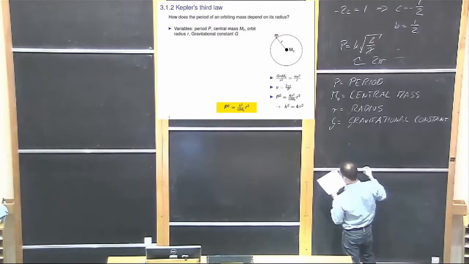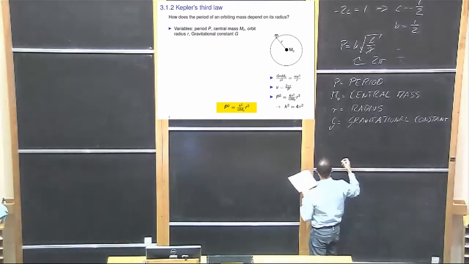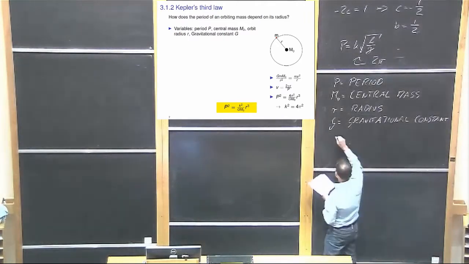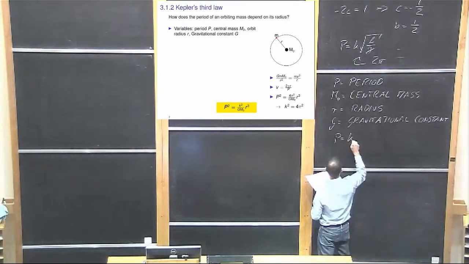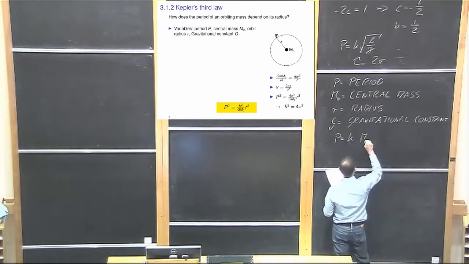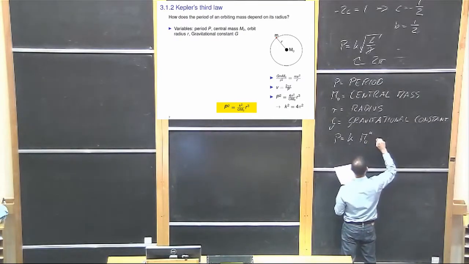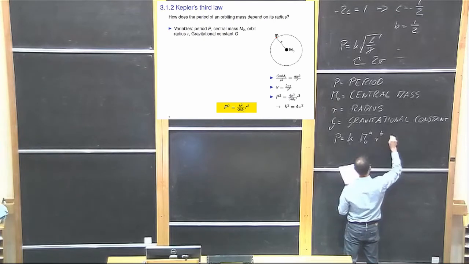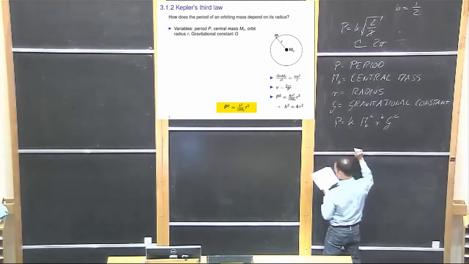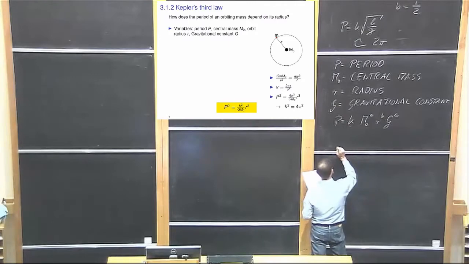Now, putting that together again, as in the similar example before, P equals some kind of dimensionless constant, m0 to the A, r to the B, G to the C, and we have to quickly figure out what G is.